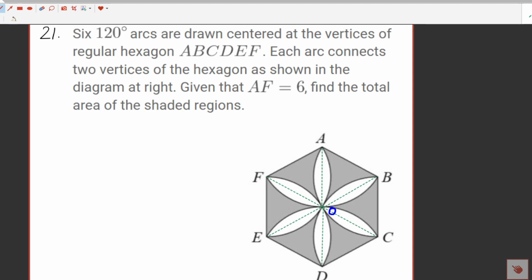The shaded piece of the diagram inside triangle AOF, for example, if we only consider this triangle AOF, is the result of removing the circular segment OF of circle A and circular segment OA of circle F, right? From triangle OAF.